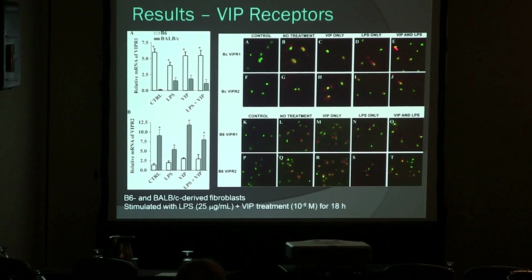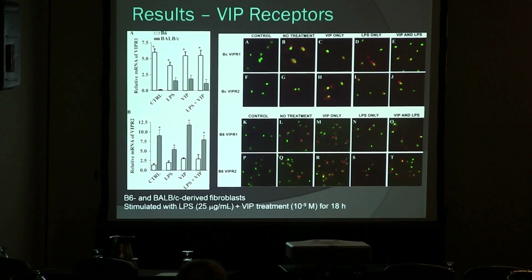So basically, their expression was throughout the cell body regardless of conditions. On the other hand, VIP-R2 was localized to the nucleus under normal conditions and only was translocated into the cell body upon VIP exposure.